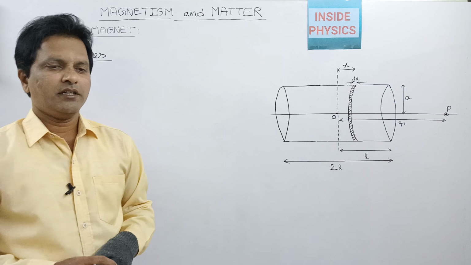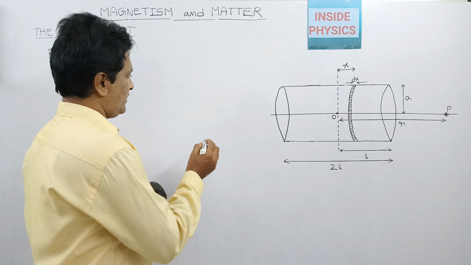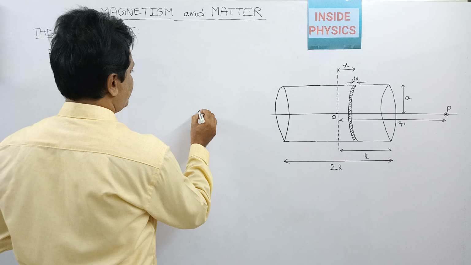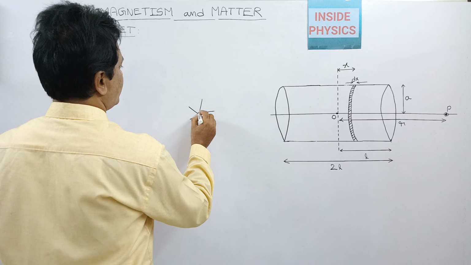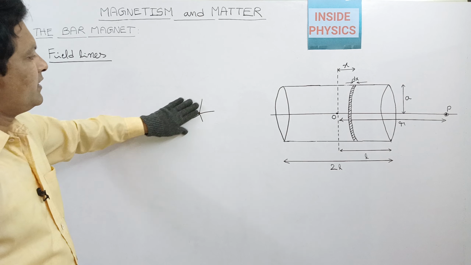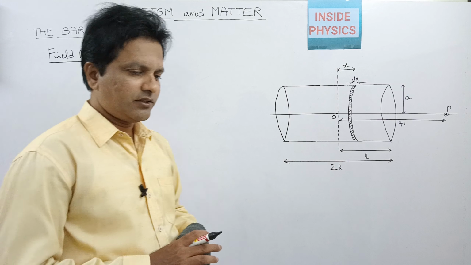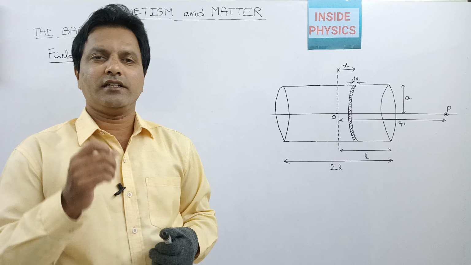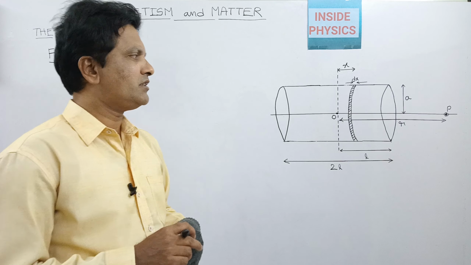Why? Because in electrostatics, we know around a point source charge there will be field lines generated in every direction. In electrostatics, the field line is the path followed by a unit test positive charge.